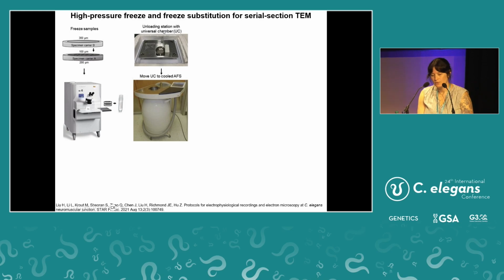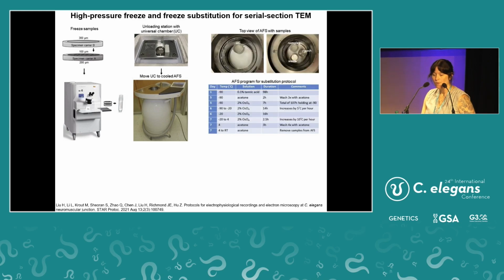And so we remove the samples from their cryovials and we put them into their own individual inserts in these spider rings, and those universal chambers get put into our Leica AFS. That is an environment that's really temperature controlled and allows us to complete our fixation and do our substitution. And here is the interior of this cool chamber and the program we use for our AFS.